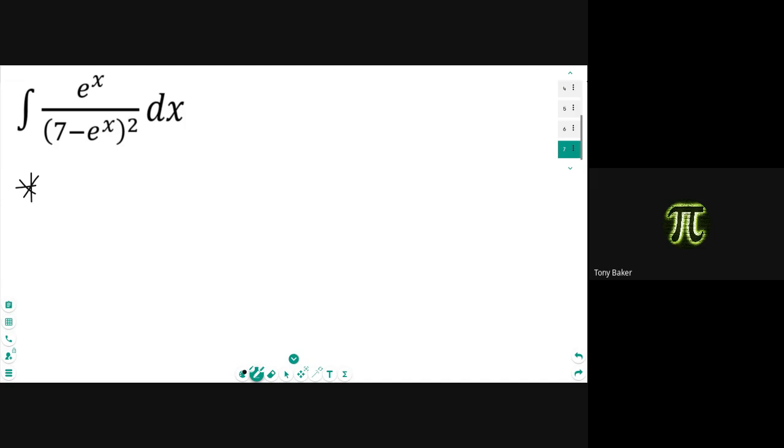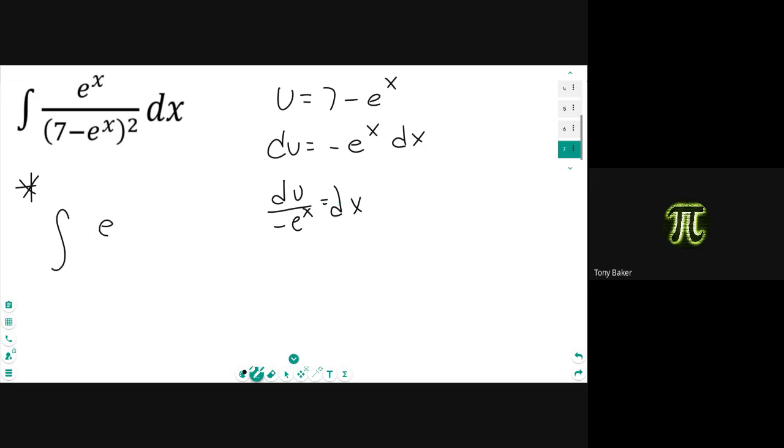All right, what's my u? So this one's like that other one where the u would have the same kind of things in it. If we take the derivative of this, we get negative e to the x dx. So we bring it all over. So we have the integral of e to the x over u squared du over negative e to the x.